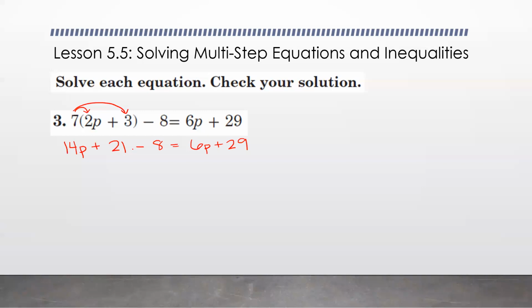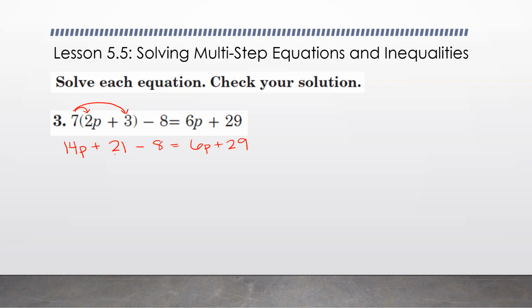So at this point, I can do a couple of things. I can combine these like terms, or I can get the variables on the same side. Either way, as long as I do both steps to both sides of my equation, I'm still going to get the same solution, okay?